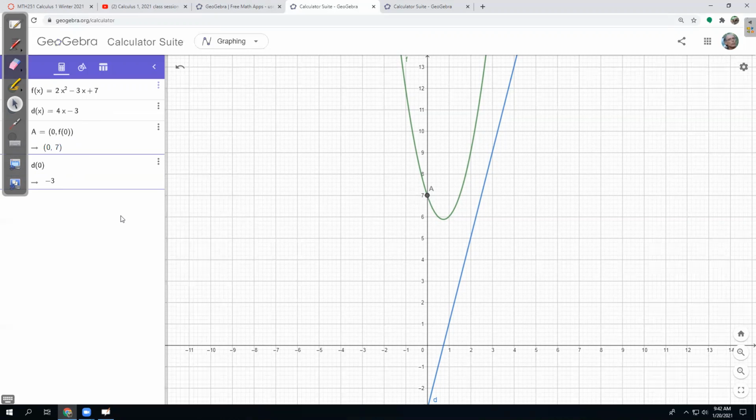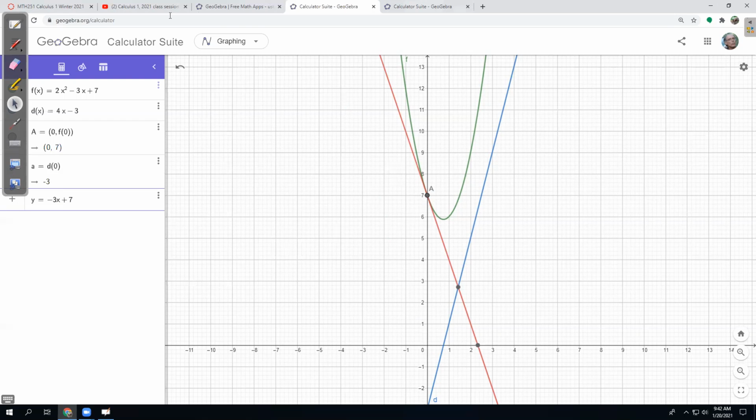Tangent line, remember I said use the point slope formula. So my point is (0, 7), and my slope m is -3. So kind of cool, that is the y-intercept, right? And this is the slope. So the tangent line there should simply be just y equals -3x plus 7, boom. That looks like a tangent line, okay?